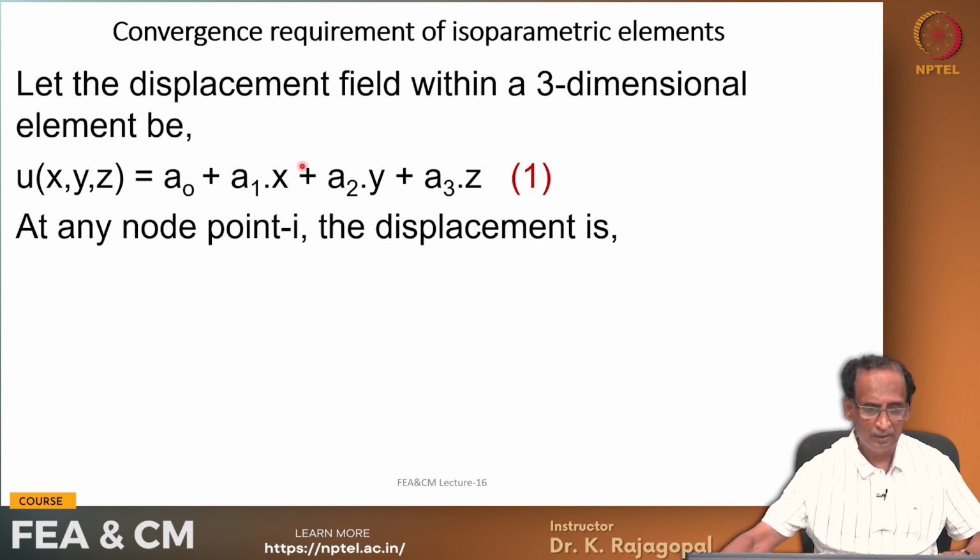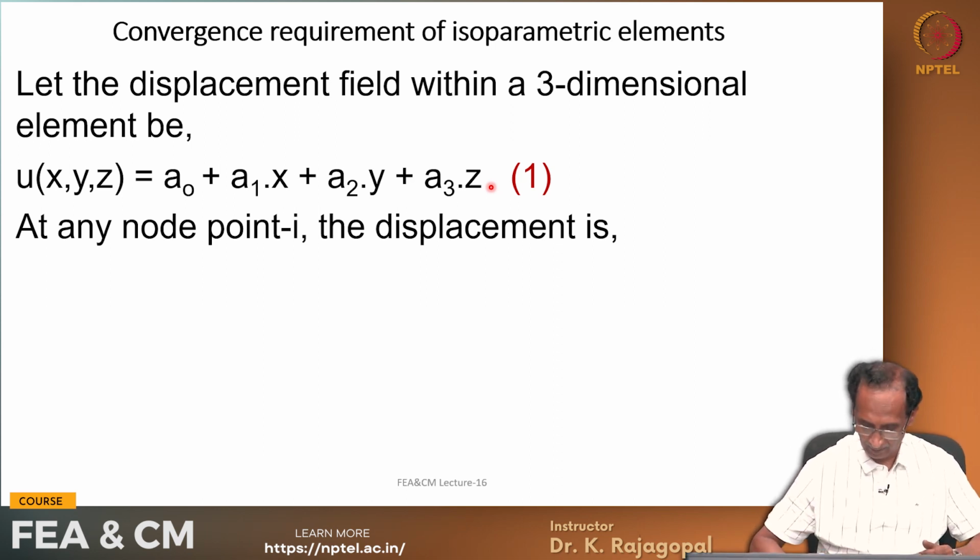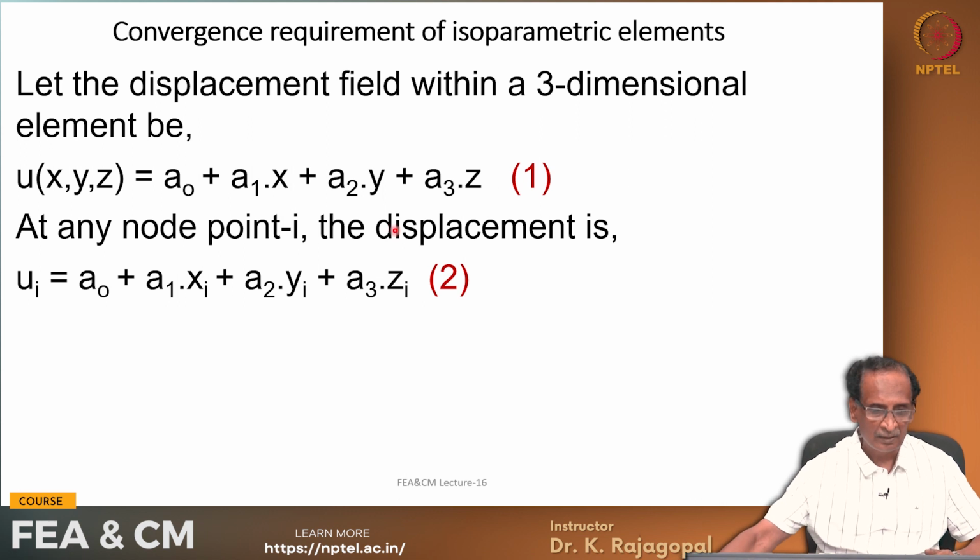At any point i, the displacement can be obtained by substituting xi, yi and zi, the coordinates corresponding to that point i. So, ui we can write like this: A0 plus A1xi plus A2yi plus A3zi.